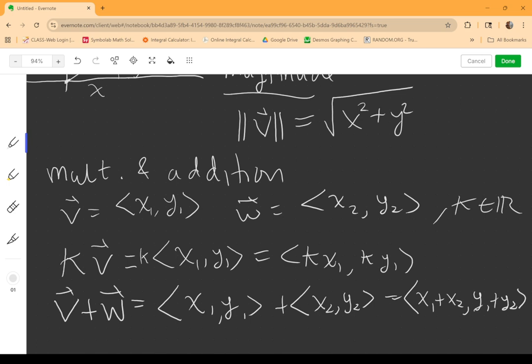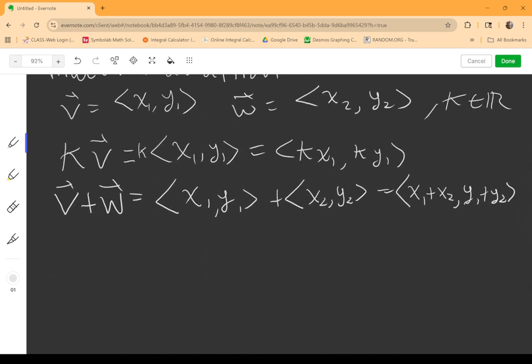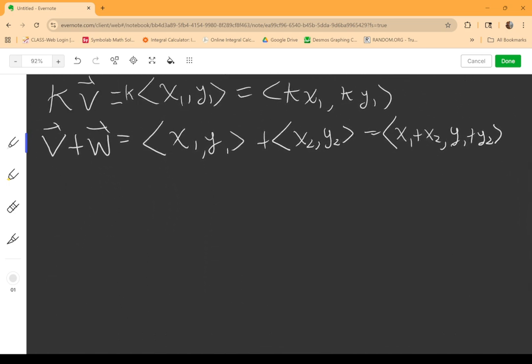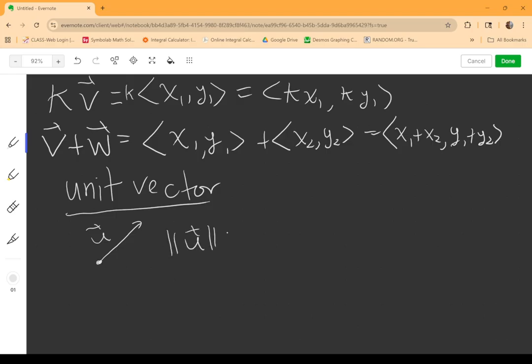Now the last thing here in terms of vectors in the plane is this idea of a unit vector. A unit vector is any vector that has a magnitude of 1. So if you take the magnitude of some vector u and it is 1, then we define that to be a unit vector.